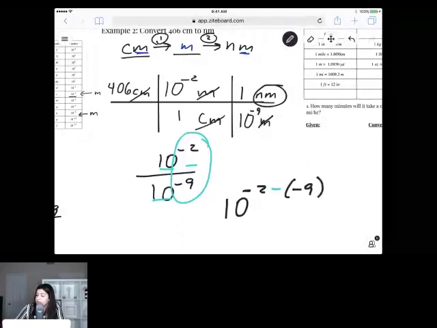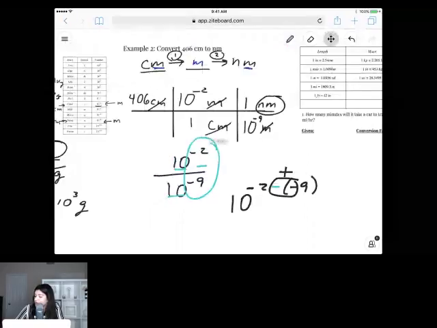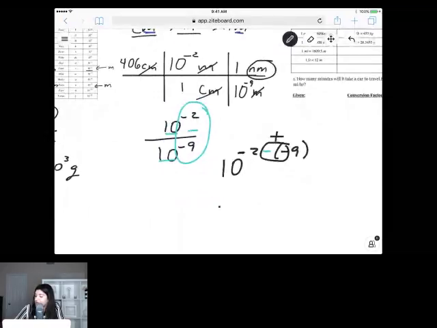This is going way back to math, where these two would then form a positive. And this really is 10 to the negative second plus 9, which gives us 10 to the positive 7th. That's a math trick. If that is not making sense, plug it into your calculator.